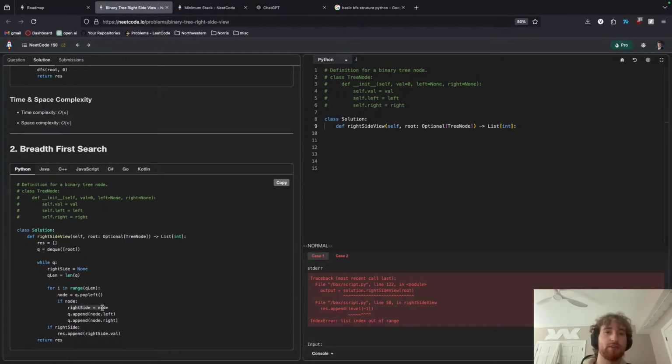Like on the first node, you would find the right side. Why is it on the first node, though? I guess because that's what you're appending.